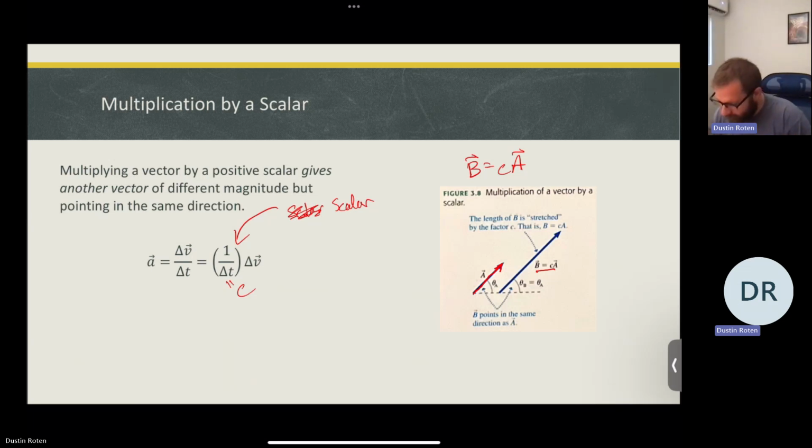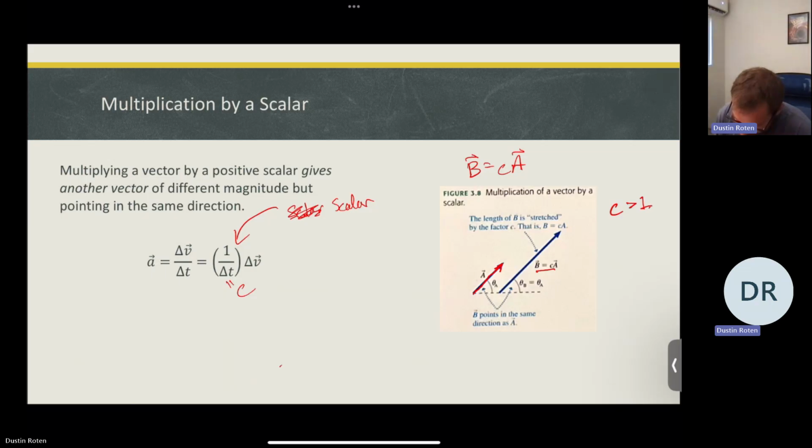So clearly, this c had to be positive because we're stretching it in the same direction, in the positive direction. Looks like it also has to be greater than 1. Because if c was just 1, then b would be the same thing as a. It wouldn't stretch it at all. It would just be multiplied by 1. That doesn't do anything. So clearly, since we're making it longer, c has to be a larger value. So c is at least greater than 1. We know it's positive. And that's the same thing that's happening over here with the 1 over delta t.